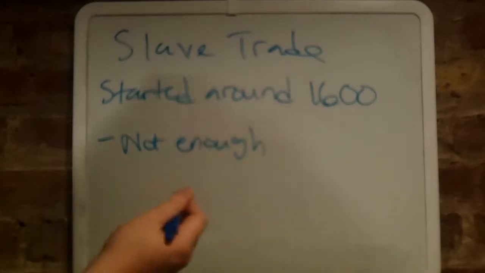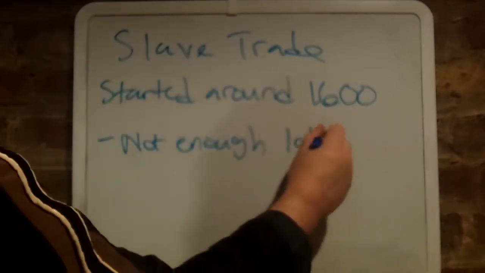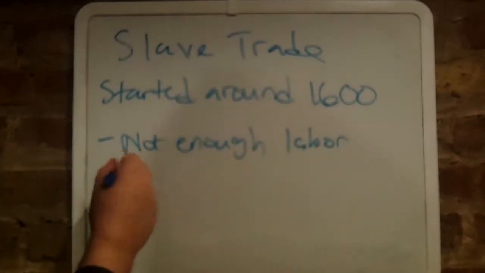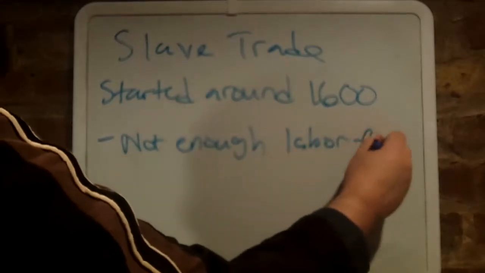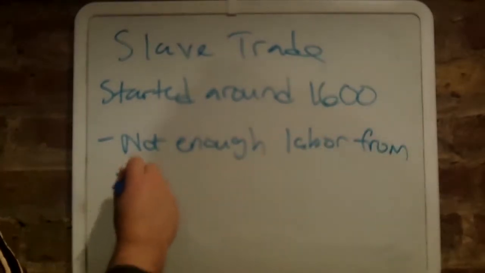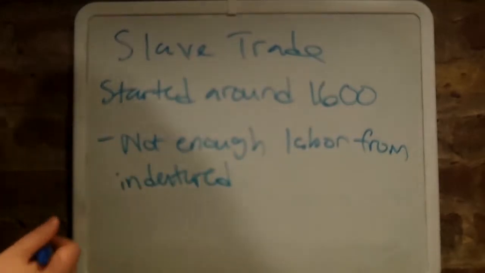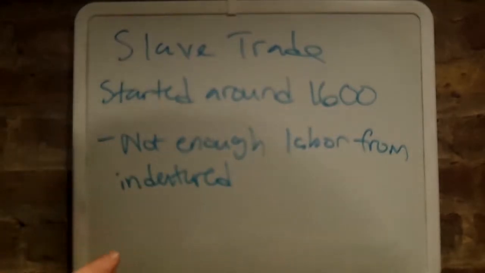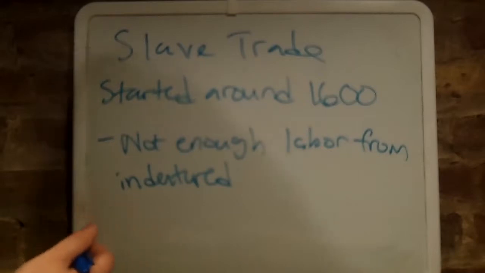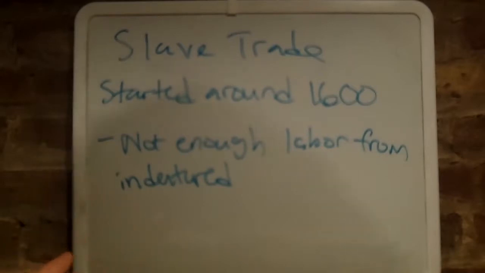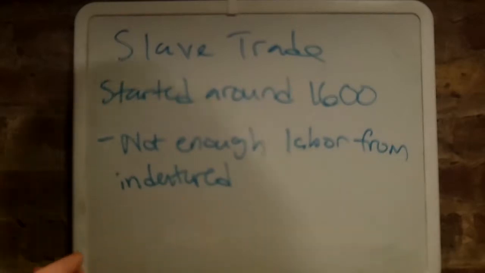So one of the ways they tried to attract labor was with something called indentured servitude, which was a process where people from Europe would agree to work on someone's plantation for say 7 years, and then that would pay for their passage to the New World.